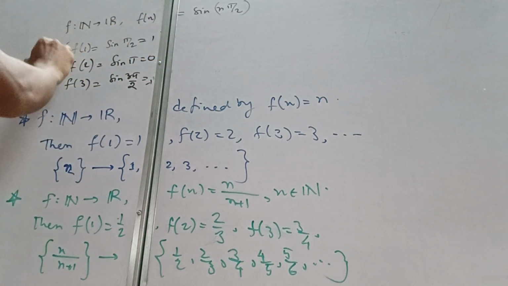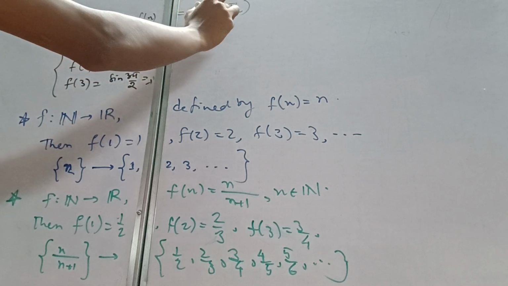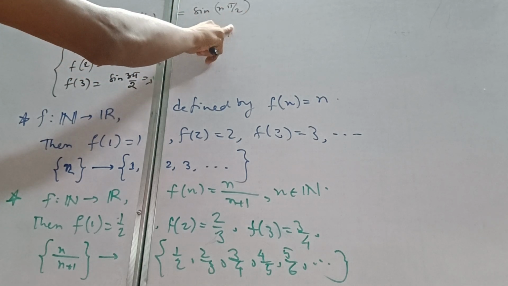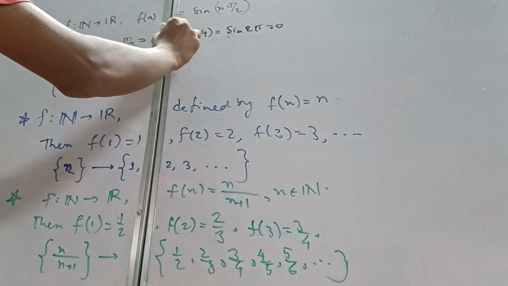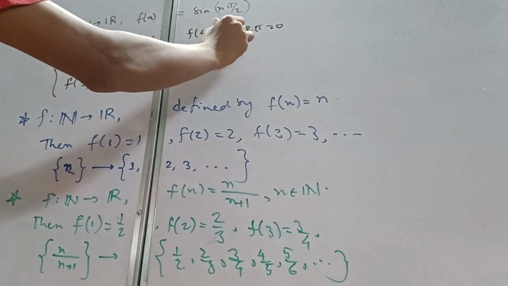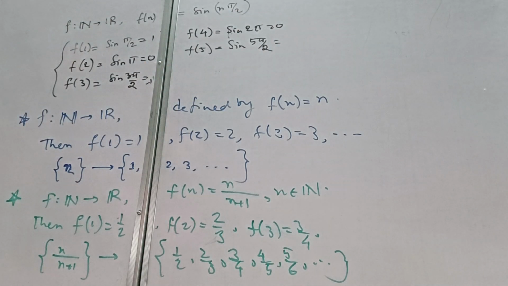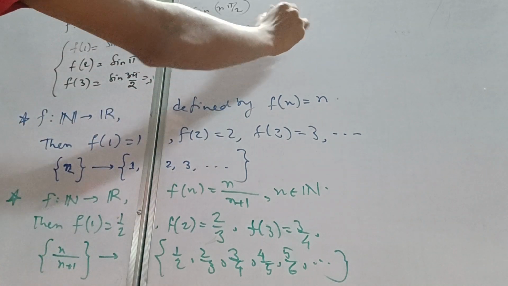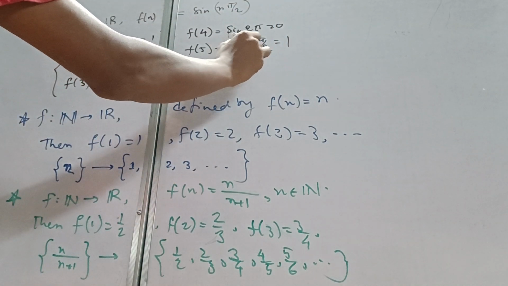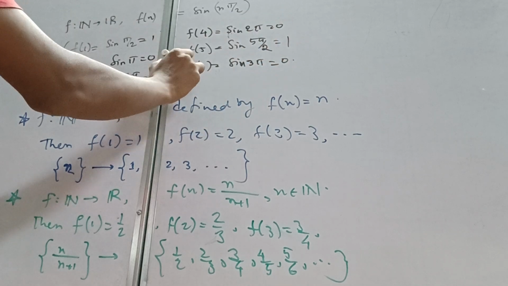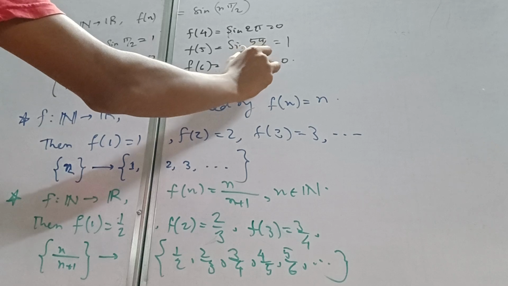Next, in this way, we also write f(4) equal to sin(2 pi) equal to 0. f(5) equal to what? sin(5 pi/2), that means 2 pi plus pi/2, equal to 1. f(6) equal to sin(3 pi) equal to 0. f(7) equal to, in this way, sin(7 pi/2) equal to minus 1.